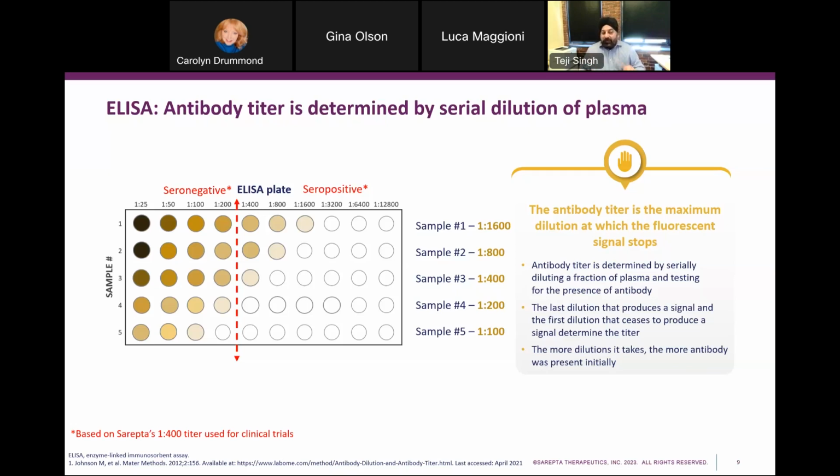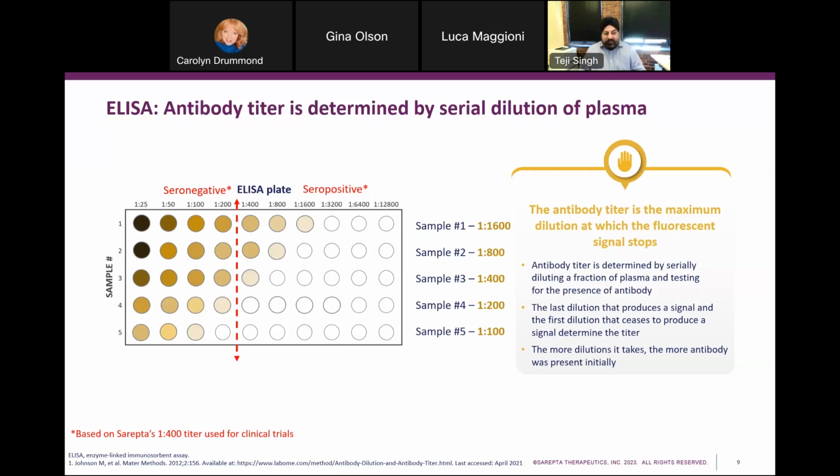Now, with any given program, the cutoff of what's considered seronegative or seropositive is a titer value that you established in your research program, your non-clinical and clinical program that had some sequelae, either lesser transduction or an adverse event profile that was not favorable. And that is your cutoff for what you would consider a negative or a positive result.